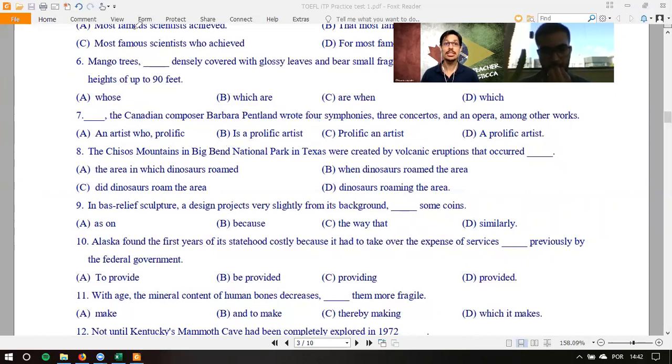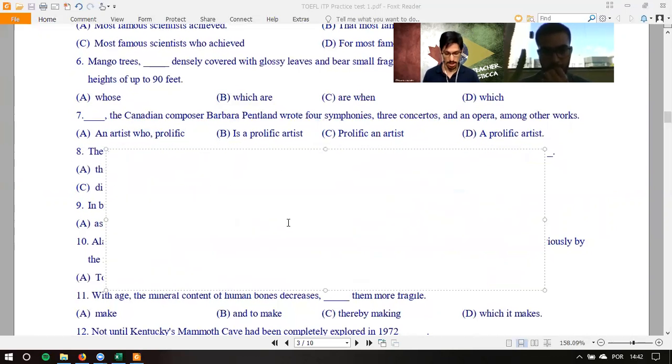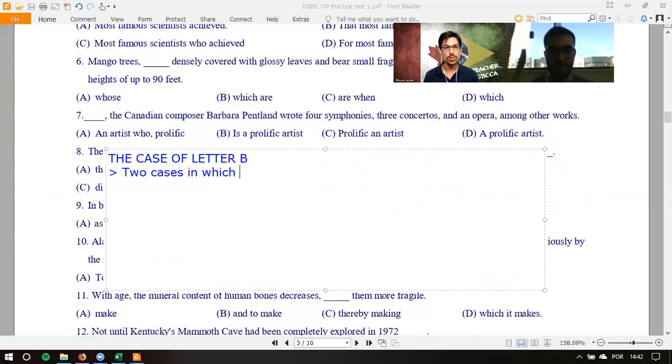Well, dude, this case is very important. I'm going to call it the case of letter B. What's the case of letter B? In English, dude, we have two and only two cases in which we invert verb and subject.